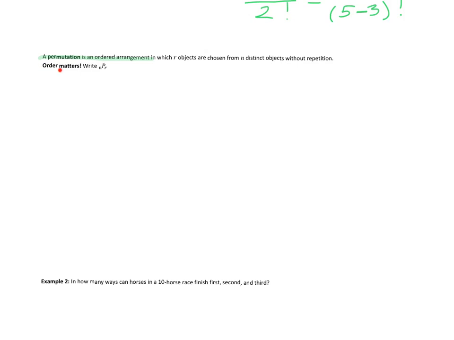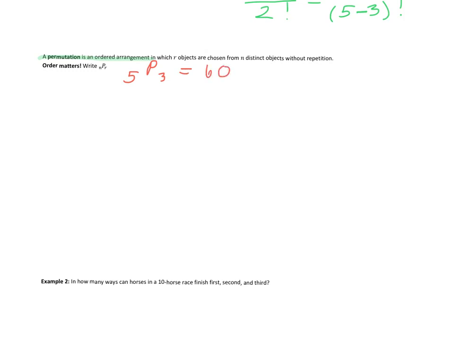And notice the order mattered, because your favorite magazine could be on the top, in the middle, or at the end. The notation we use is P for permutation. In our previous example, we would have written 5 P 3, and we said that this equaled 60.